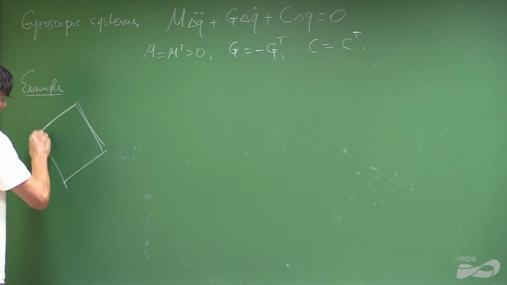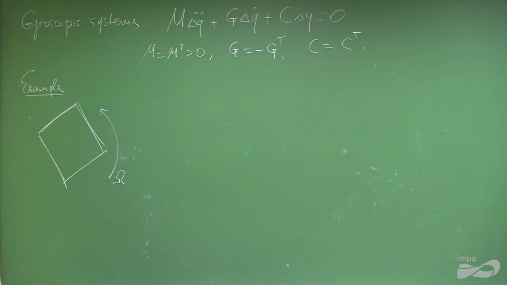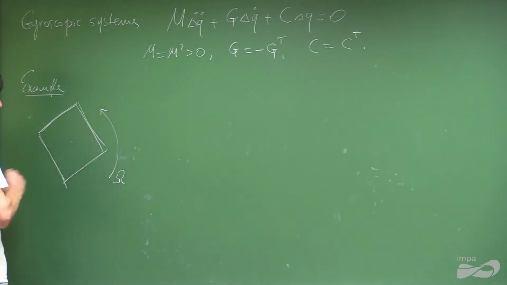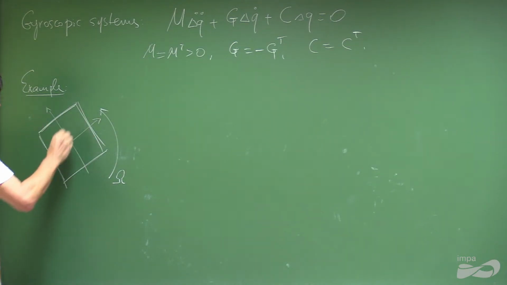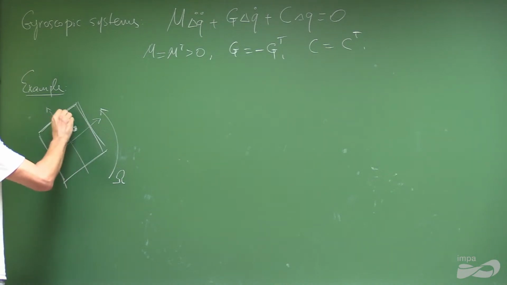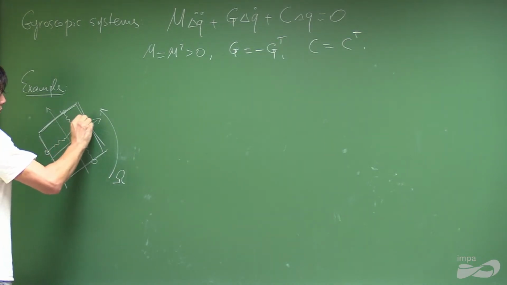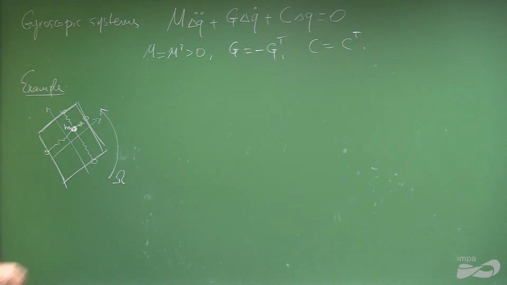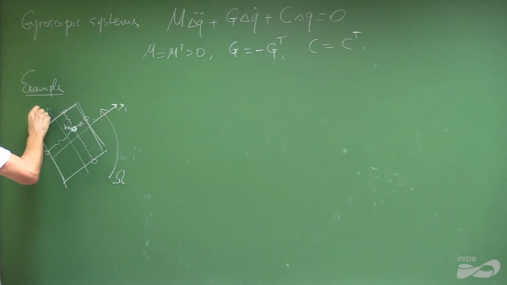We take a rigid frame which is rotated with a certain velocity, where omega is the rotational velocity, and the mass is suspended in the middle on elastic springs, with springs in each direction. So mass m, and we had two springs. There are two directions, x1 and x2, which are fixed to the frame.